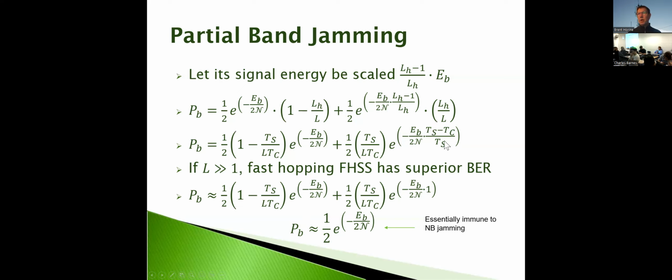So we'll substitute that in. Then we'll notice that these terms have the same base and exponent, so we can just add them together. The TS over L TC terms cancel out, and we end up with this, which is essentially the bit error rate for a binary FSK system.